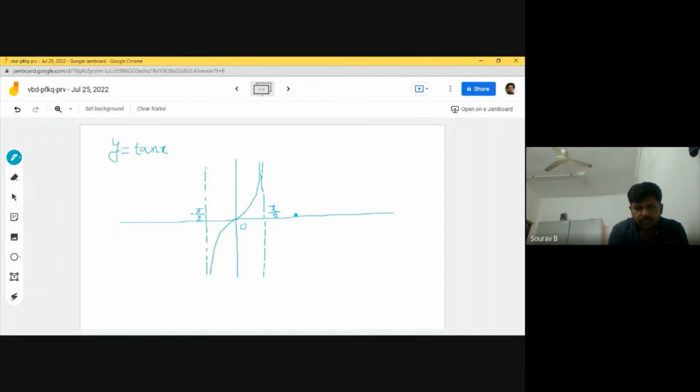Okay, so this might be pi. This is 3 pi by 2, and this thing will repeat. Here also it will repeat.